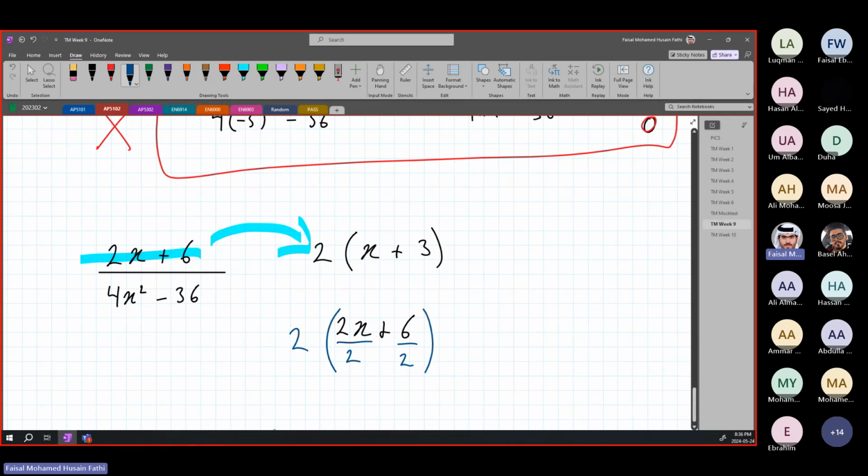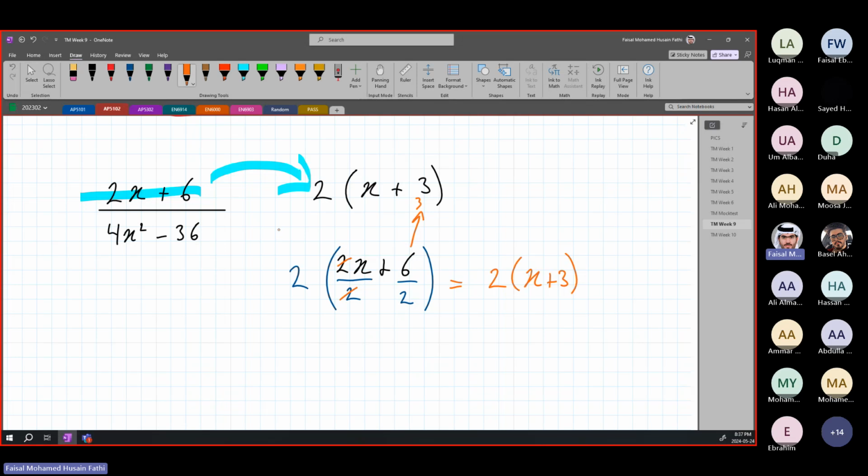This is how you take the common factor, the same idea. You cancel up and down, and only x remains. And 6 divided by 2 is equal to 3. That is how we got 2 into x plus 3. So the top part is 2 into x plus 3.